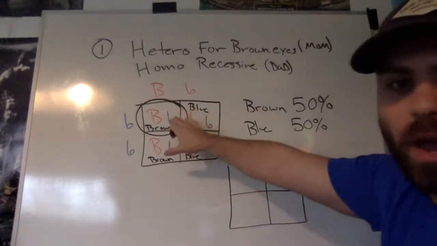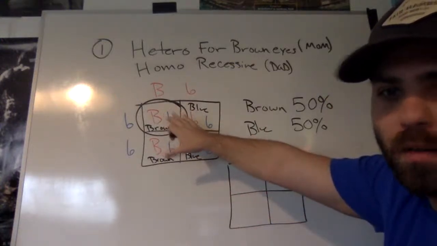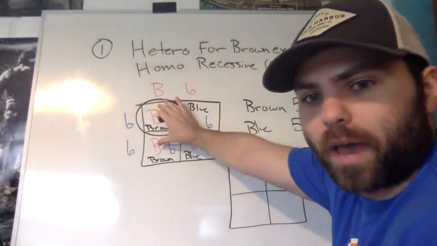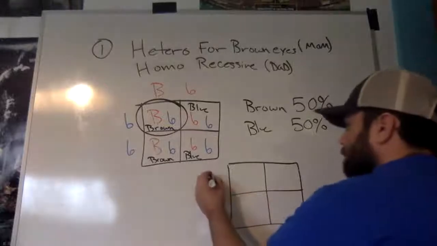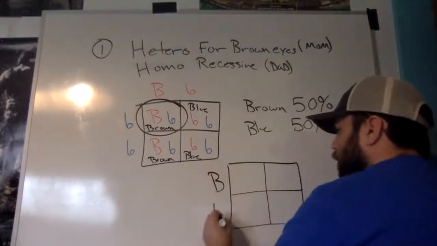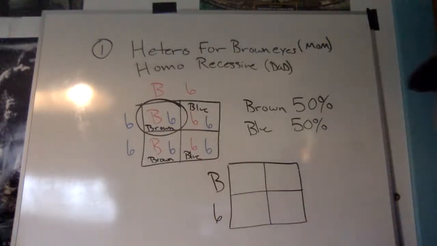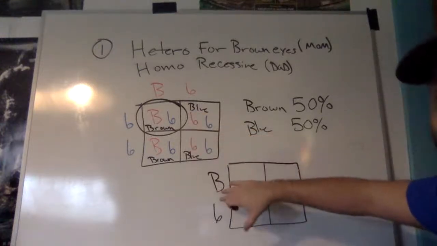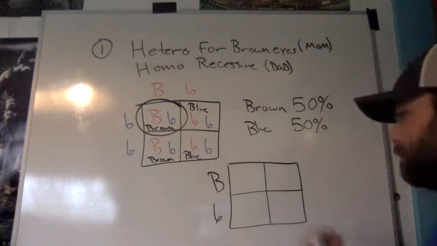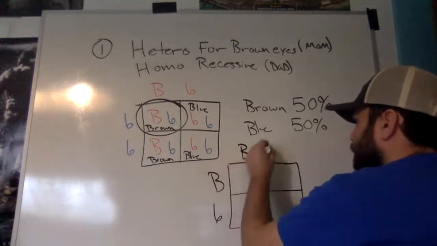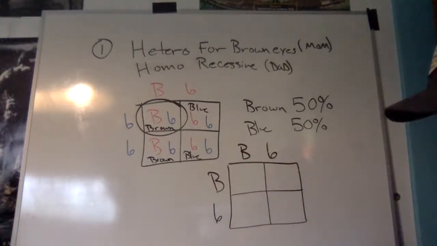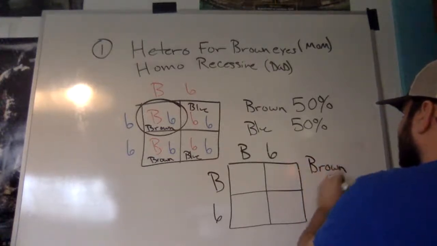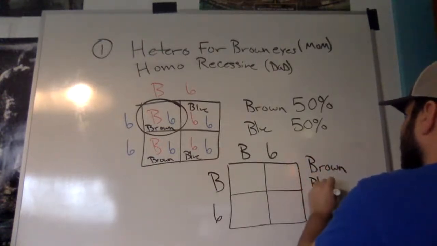So their offspring, right? We don't know if it's a boy or a girl, but we just know their genes. Okay, so we're going to put big B, little b. And now we're going to say that they had an offspring with someone else with the same genotype. So we got big B and little b again. Okay, so now tell me what's the chances of brown and blue. Okay.